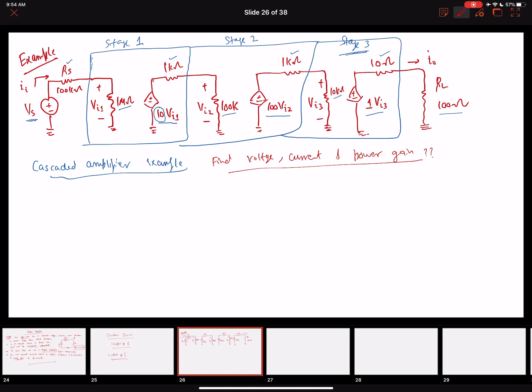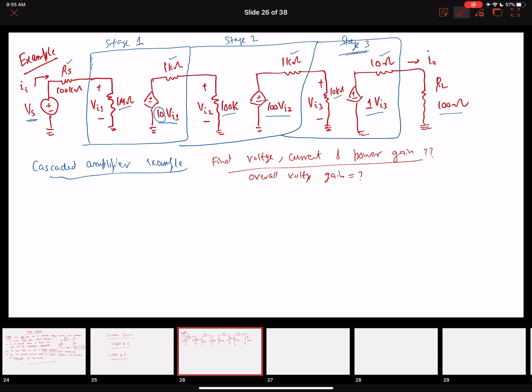We also want to find out the overall voltage gain as well. And if you remember, we discussed the difference. What is the voltage gain of an amplifier, which is the output voltage to the input voltage drop at the amplifier, right? So in this case, it will be the output voltage across the load to the VI1. And the overall voltage gain, that is going to be the output voltage to the source voltage. So we're gonna do this in more detail.